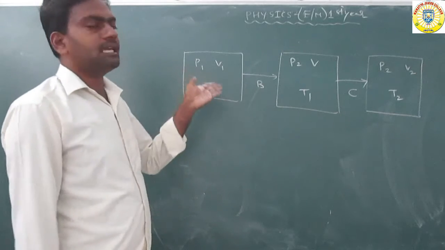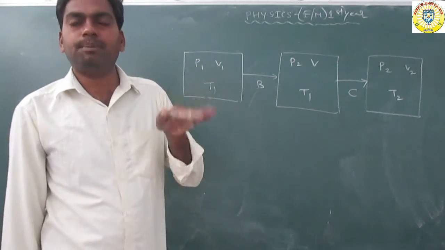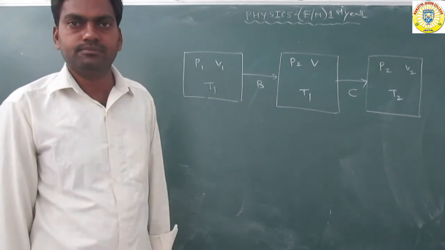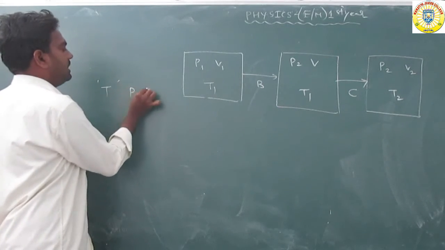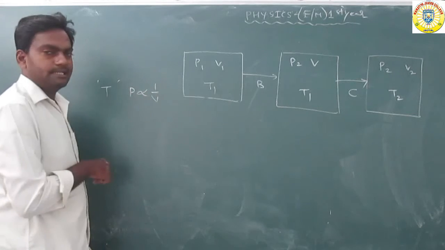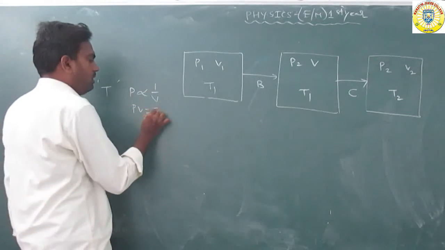The pressure of a given mass of gas is inversely proportional to its volume at constant temperature. So PV is equal to a constant, and P1 V1 is equal to P2 V2. We already know that equation. This is step 1, where the temperature T1 is constant.